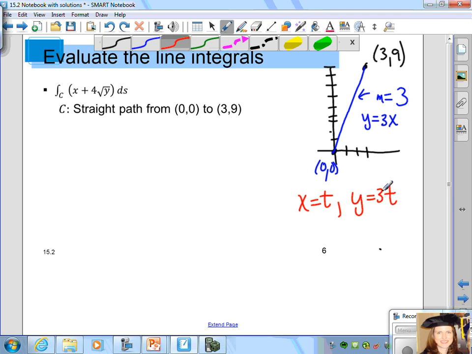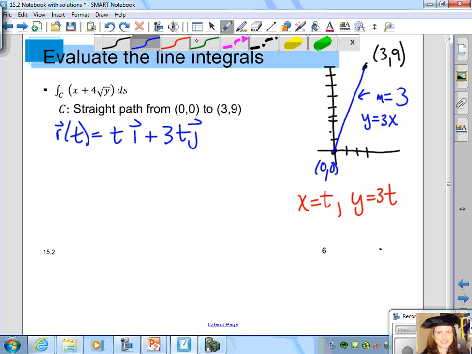If x is equal to t and y is equal to 3t, we can use that as our parametrization, which is equal to r of t. So r of t is equal to your x of t, that's ti, plus your y of t, that's 3tj.